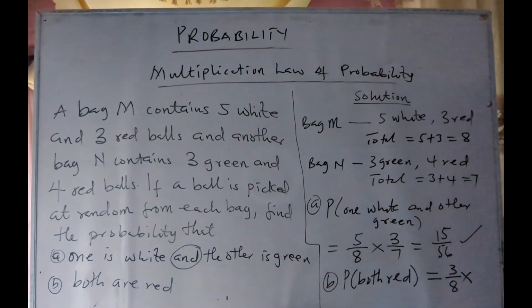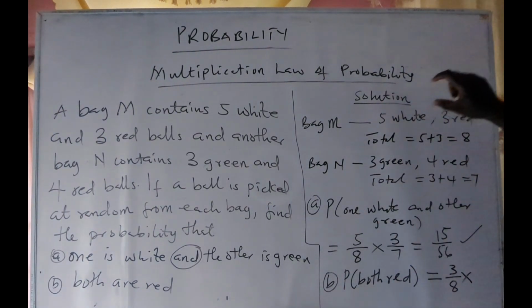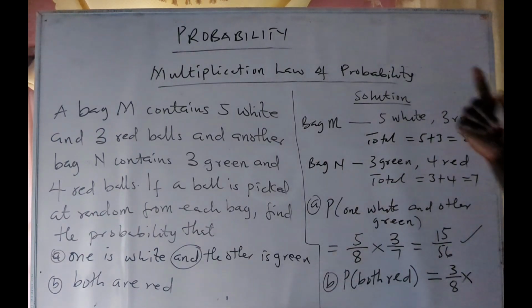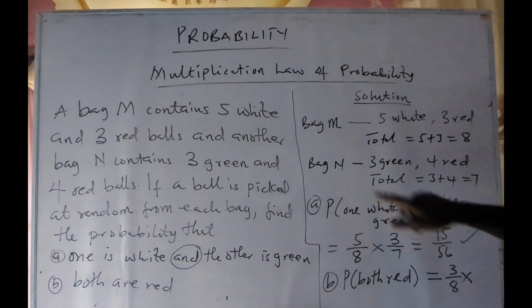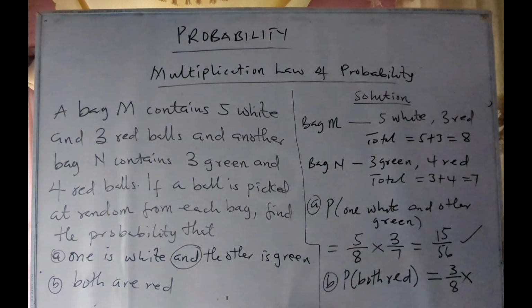And I'll pick a red from bag N, the red is 4, and the total number of balls in bag N is 7. So that will give us 4 out of 7.